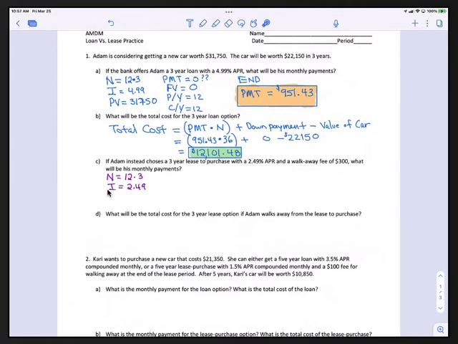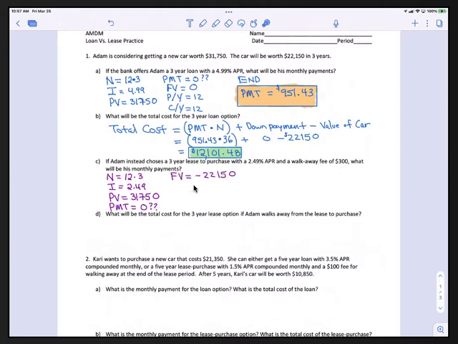Next, our interest rate was given at 2.49. Our present value is $31,750. That is the price of the car. And then the payment is going to be 0 with a question mark because this is what we are looking for.